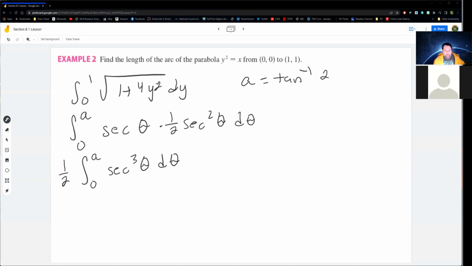Okay, so how do we want to integrate this? So we have secant to the 3rd theta.